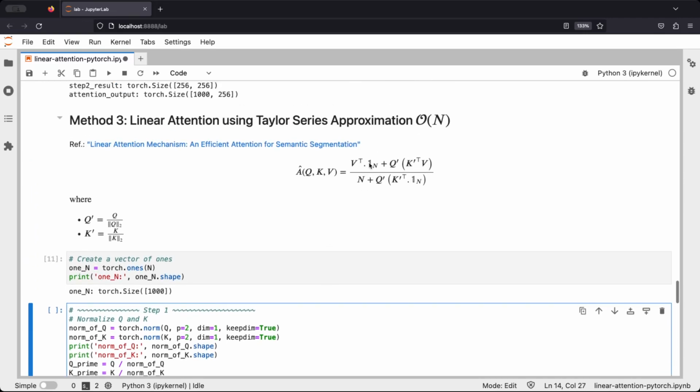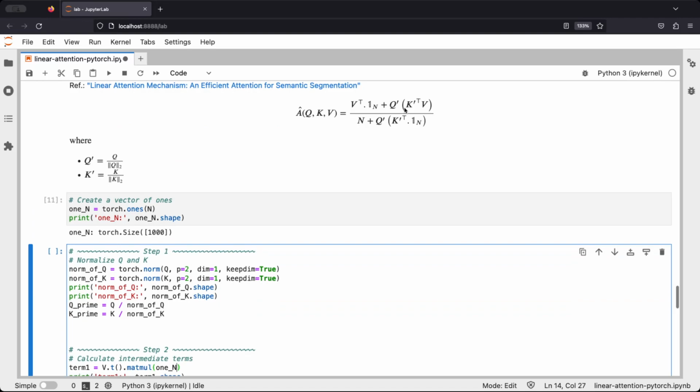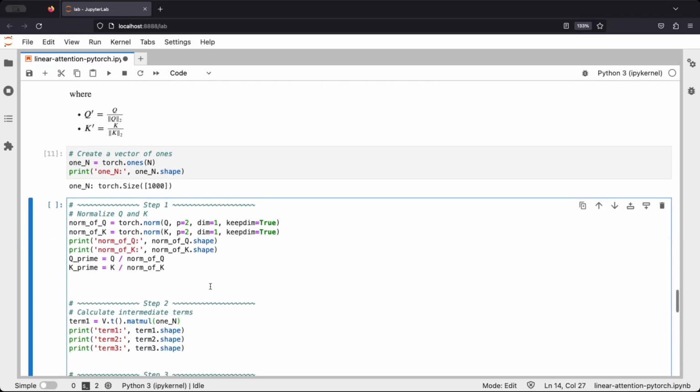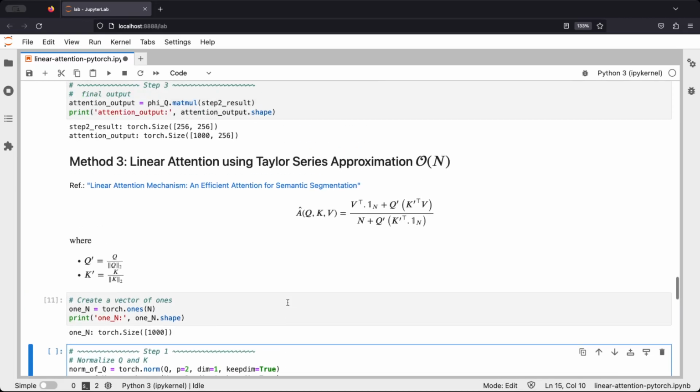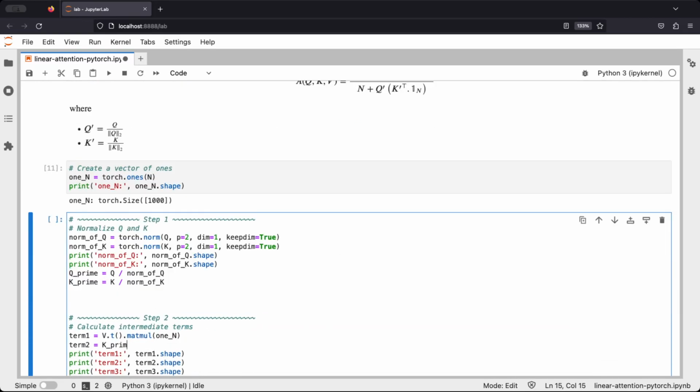So that is for this term. Then term 2 is q prime k prime transpose v. So at first we compute the quantity inside this parentheses. So that is k prime dot transpose dot t, then dot matmul with v.